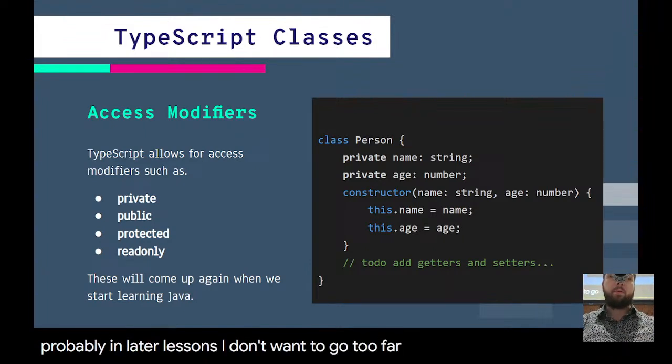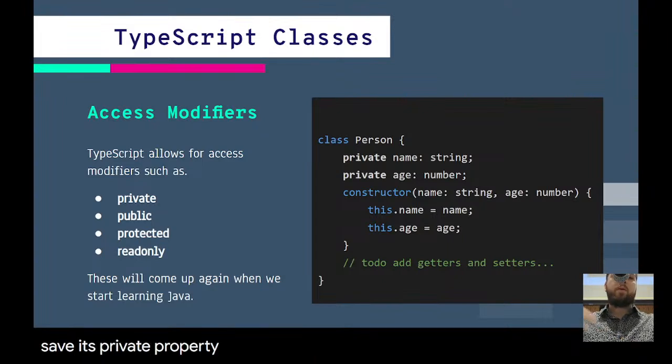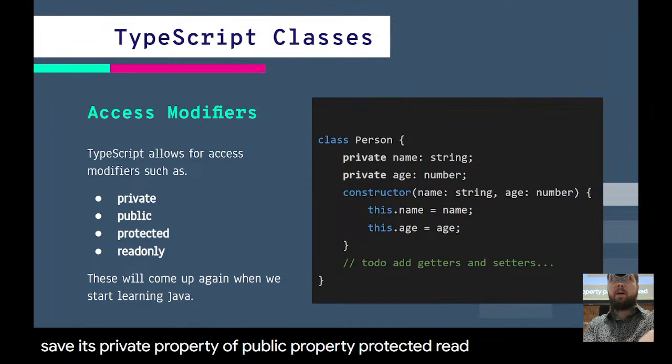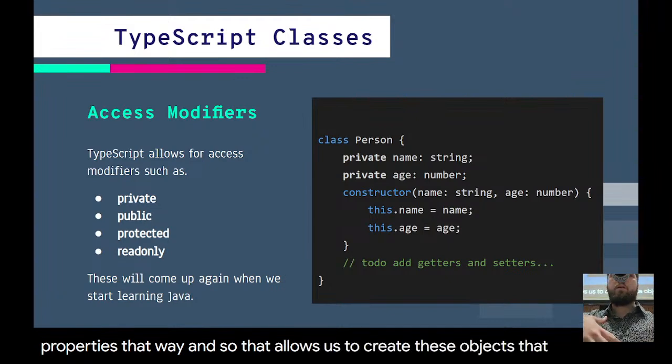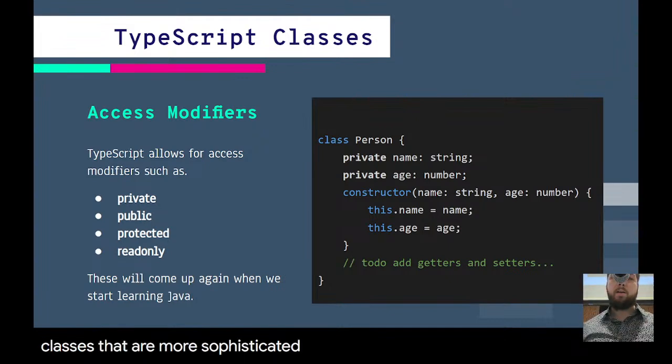I don't want to go too far down that road. But we can say if it's a private property, a public property, protected, read-only, different things like that, access modifiers. We can set our properties that way. And so that allows us to create these objects or these classes that are more sophisticated. Yeah, I'll leave that there.